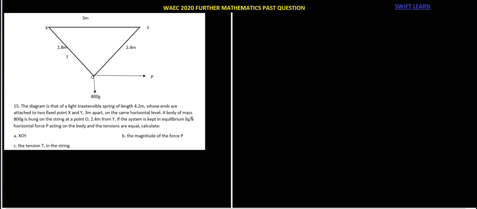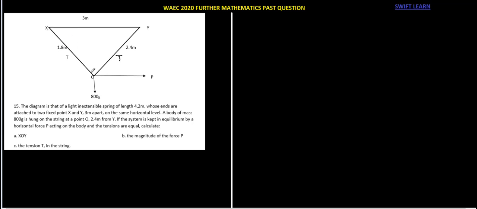If the system is kept at equilibrium by a horizontal force P, and there's a tension T here, there's another tension T here. Are you with me? So these two tensions are having the same answer.